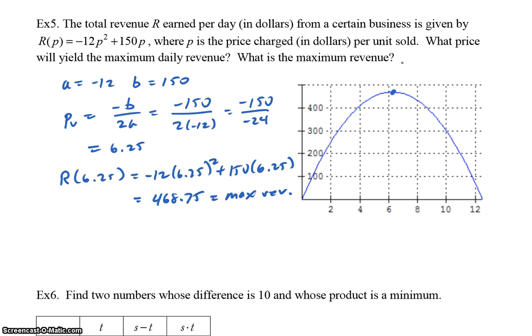And if you look, you can see that looks about right. 6.25 for P, these would be your values of P, and your values of R are given by the vertical scale. And you can see that the value of P does appear to be about 6.25, and the actual revenue itself is a little bit less than $500, and that would correspond to the value we found, $468.75.